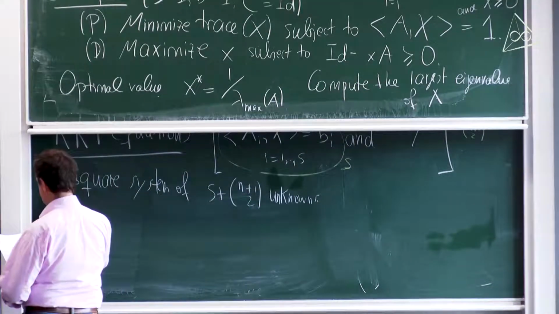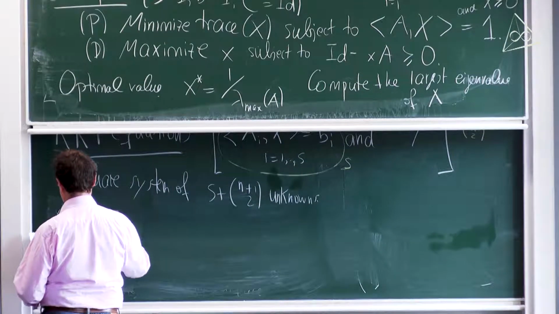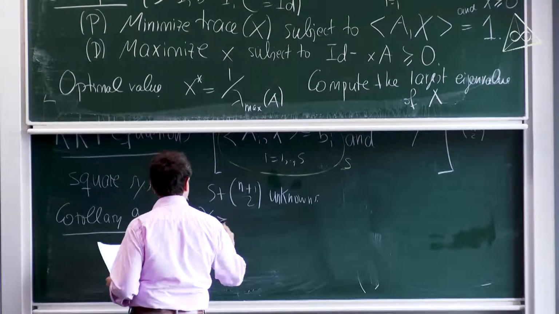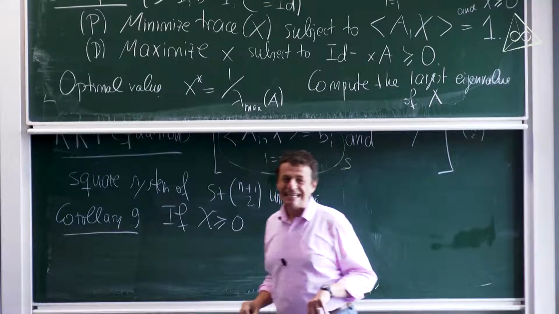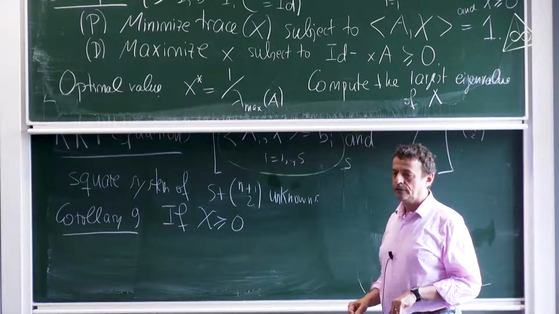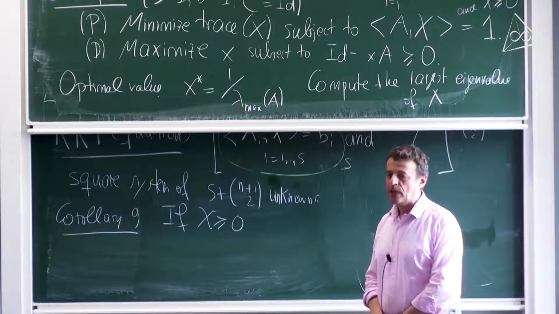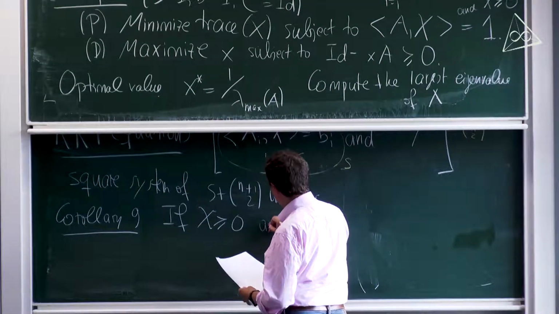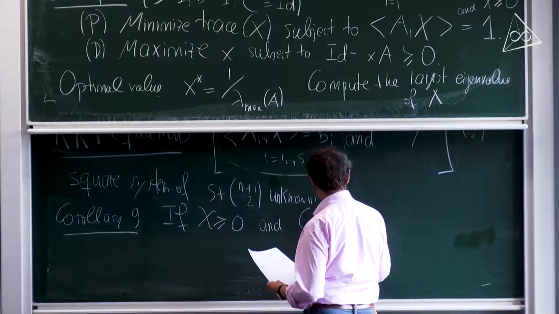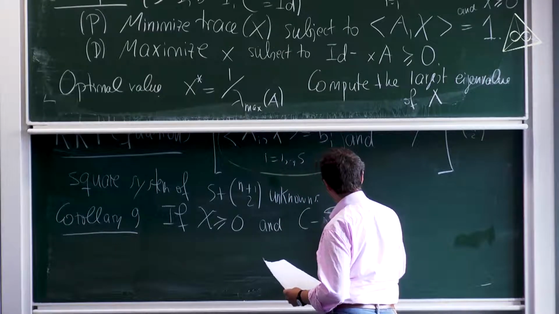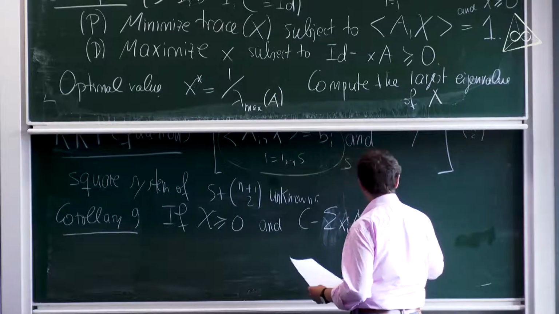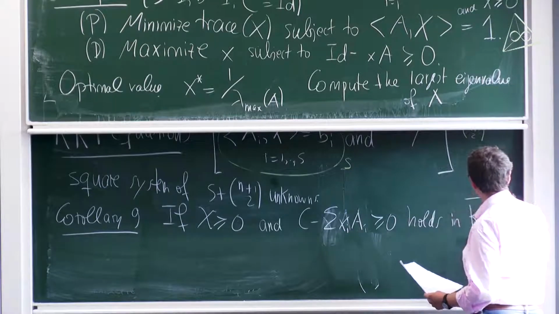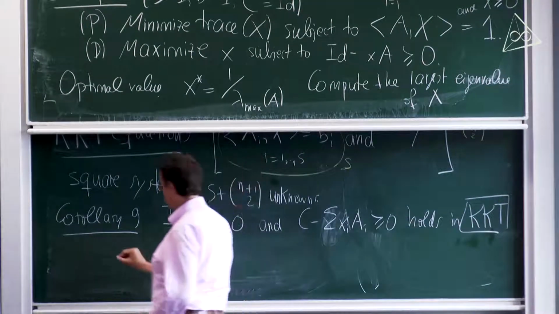So corollary 9 says, if we also have the inequalities, so the KKT conditions involve the KKT equations as well as the KKT inequalities. So if big X is positive definite, and the LMI also holds, so the sum xi ai minus C is positive definite. If this also holds in this system, then we're good. Then we're golden, right?